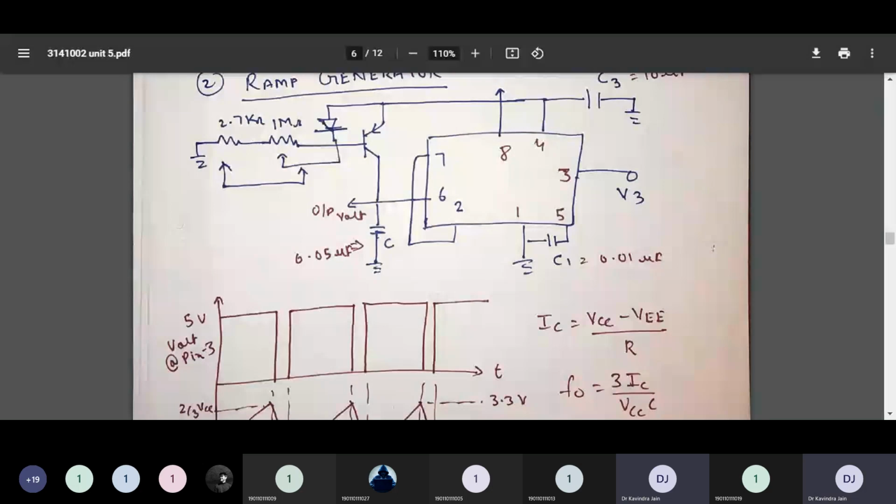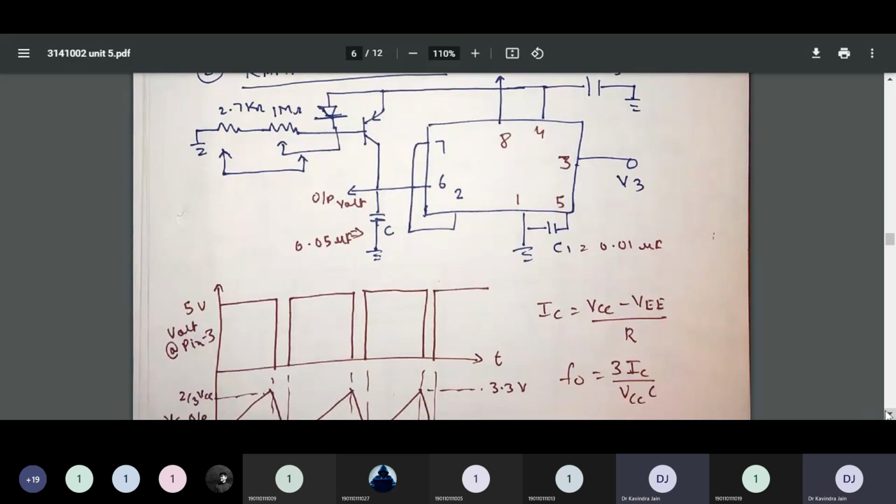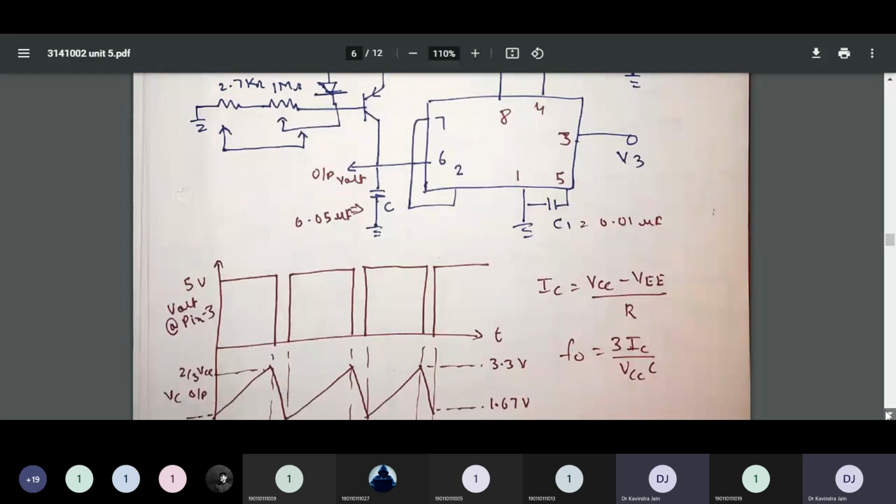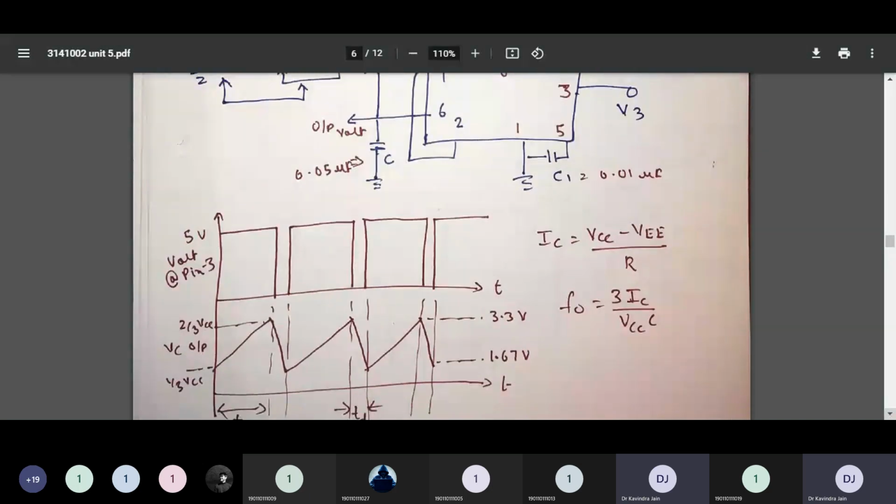The charging time is negligible as compared to the discharging time. The time period of the ramp, as you can see in the waveform, is known as the charging time.